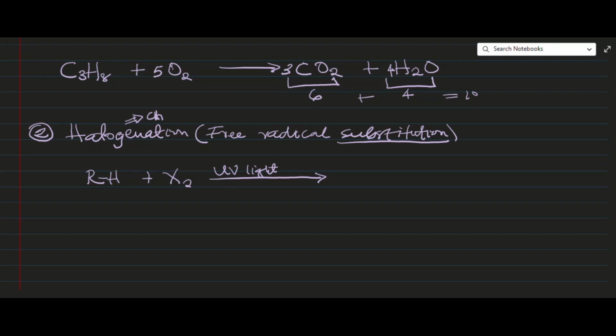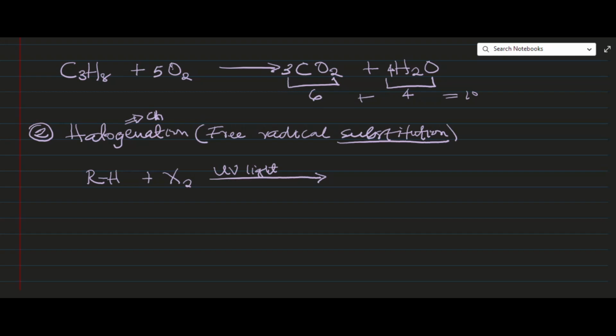If you don't indicate this, you may not get the total mark. Okay, and this is a form of photochemical reaction. Can you think of another photochemical reaction? There's one that we are familiar with very well. That is photosynthesis. It's also catalyzed by heat, UV light.